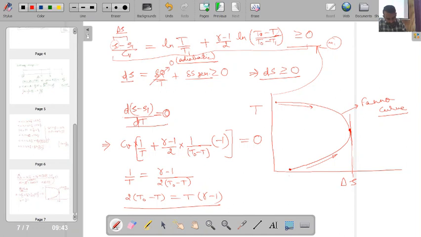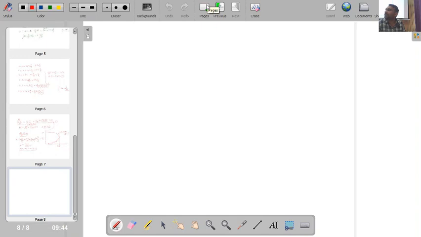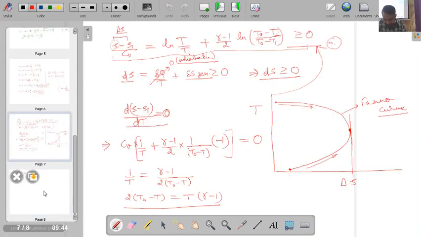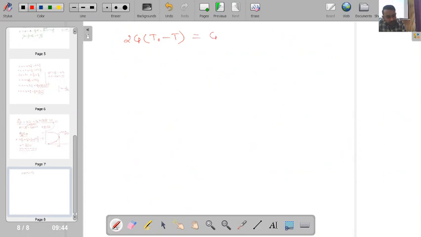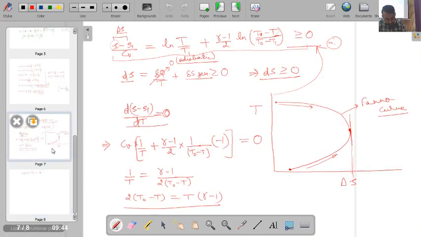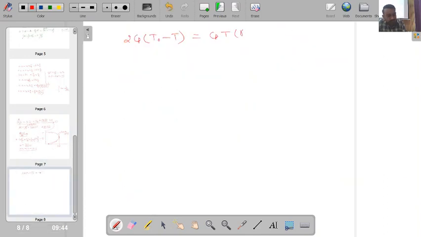Now what I will do is multiply on both sides by Cp. So I will get 2 times Cp into (T0 minus T) and Cp times T into (gamma minus 1). Okay, so I have multiplied on both sides with T.